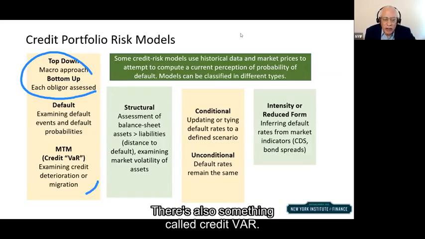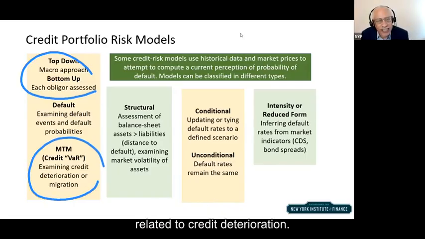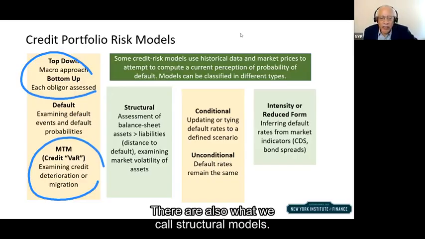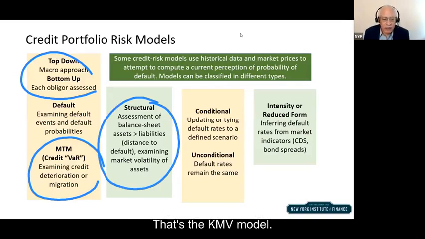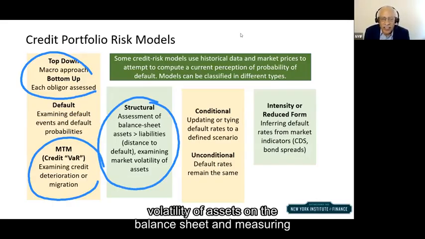There's also something called credit VaR. We're going to revisit credit VaR that's related to credit deterioration, and we'll look at that in module 3. There are also what we call structural models. That's the KMV model.